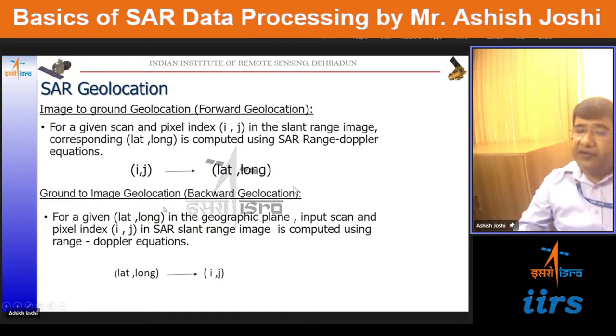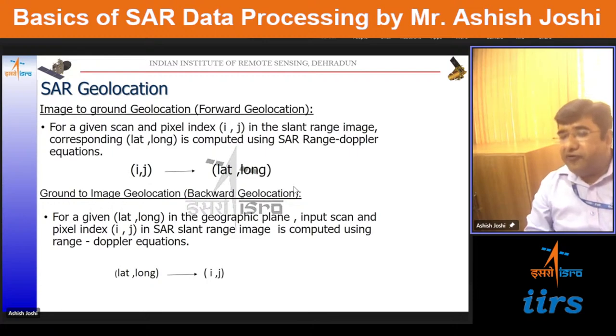And second, we can do backward geolocation. What is backward geolocation? For a particular lat long in the geographical plane, we have to find out at what scan and pixel of the SAR slant range image it is coming from. If we have a digital elevation model, for that model we have the latitude, longitude, and height.